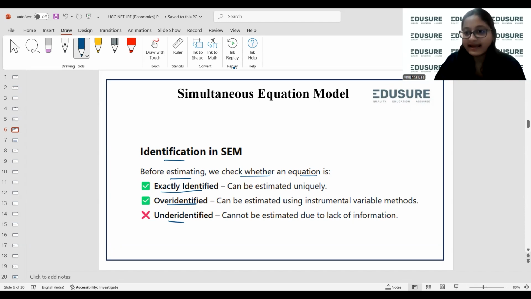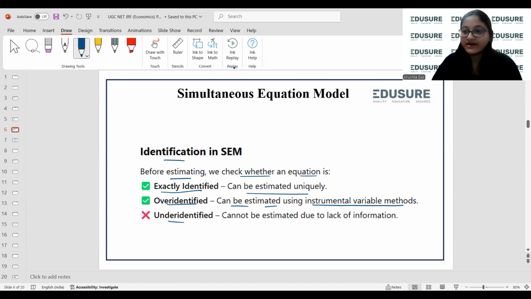If you find that an equation is exactly identified, and I will tell you how you will check that, it can be estimated uniquely. You will get only one estimated value, a unique value. That is why it is exactly identified. In case of over-identified, it can be estimated using the instrumental variable method and it will have more than one solution.